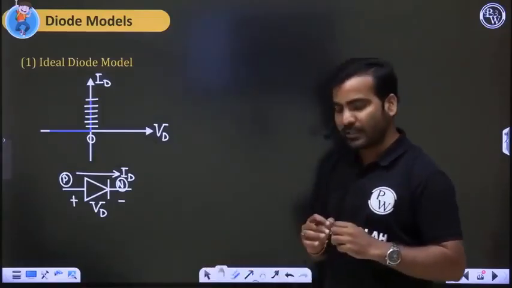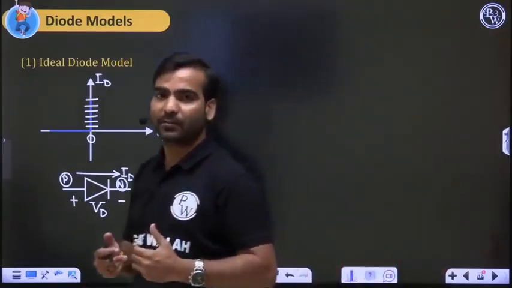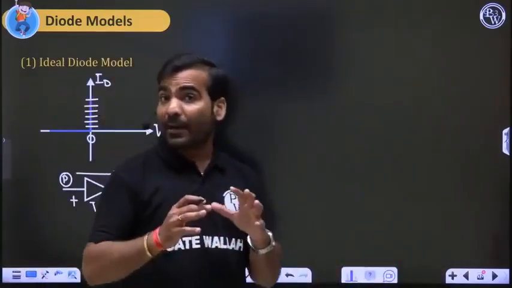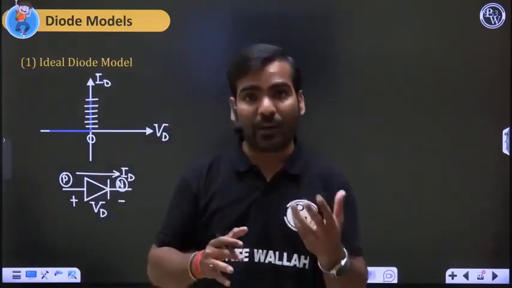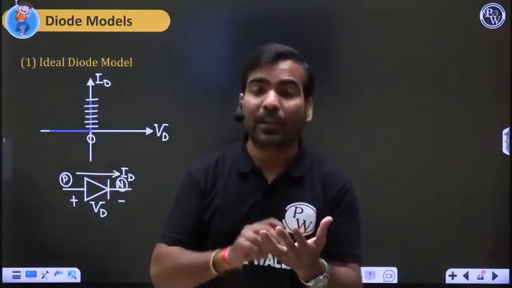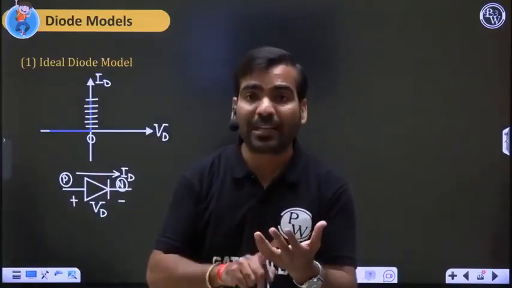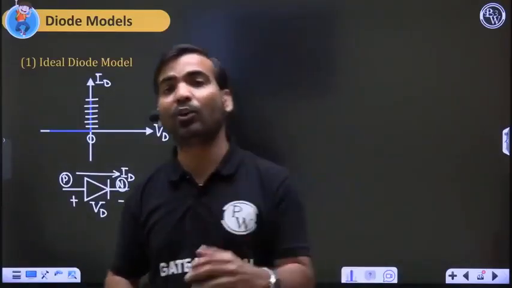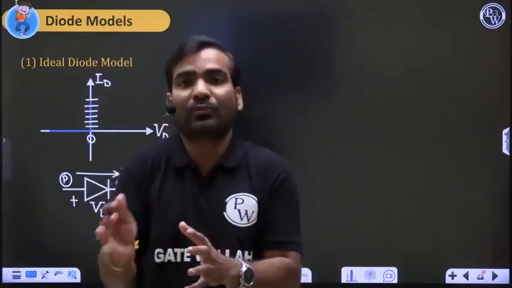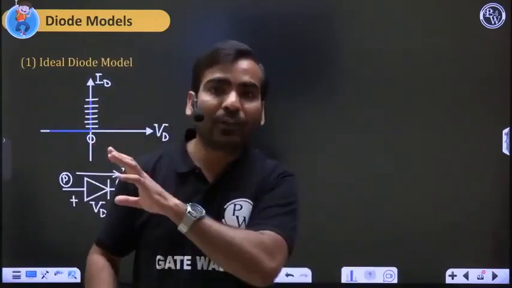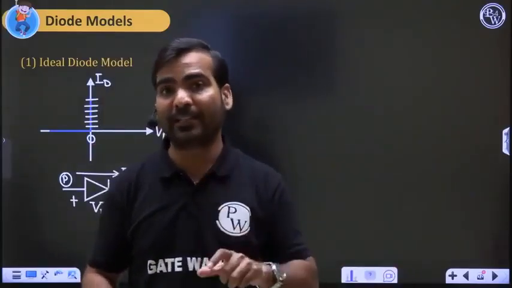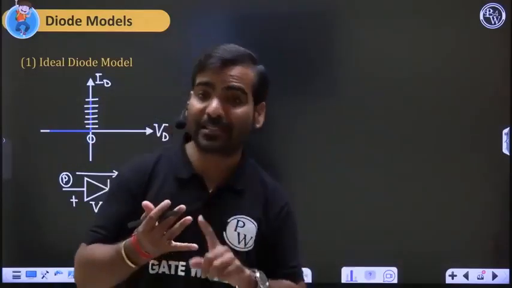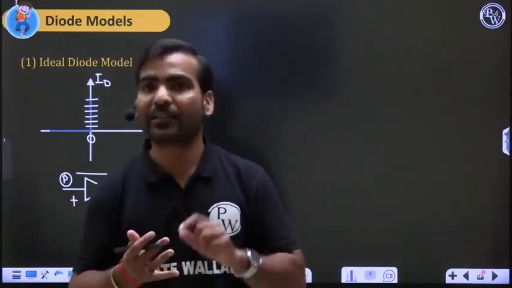Now the question is, what is the meaning of this? I told you already, we do not know about the diode. In analog circuits, you just have to say that I don't know the diode, I don't know BJT, I don't know MOSFET. You have to say, I know network analysis: voltage source, current source, resistors, capacitors, that we do know.